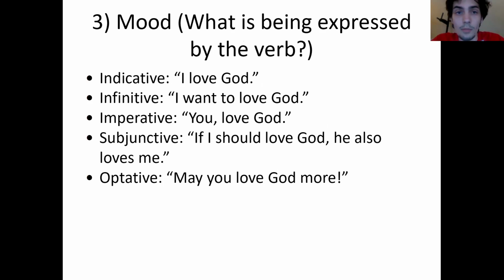And now we're going to talk about the most tricky, which is mood. Mood describes what is being expressed by the verb. In other words, how is the verb being used? Is it used to tell things? In an indicative, I love God, the verb tells what the subject is doing.